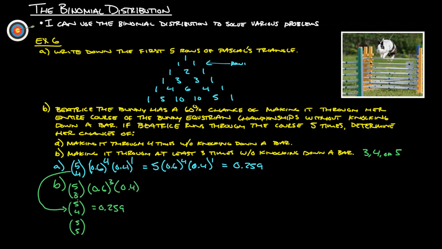That means if we got 3 successes in 5 trials, the other 2 are going to be not successful. And then there's going to be 10 possible ways to do that. So 10 times 0.6 to the third times 0.4 squared is going to give us some number.